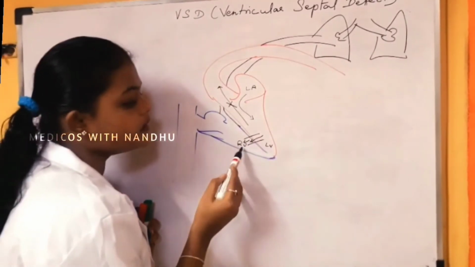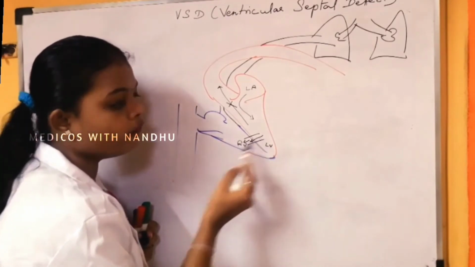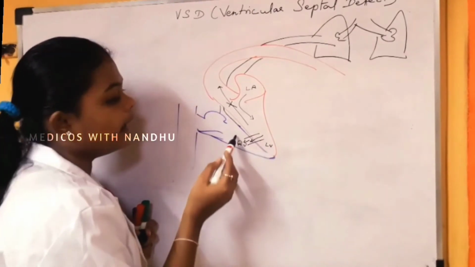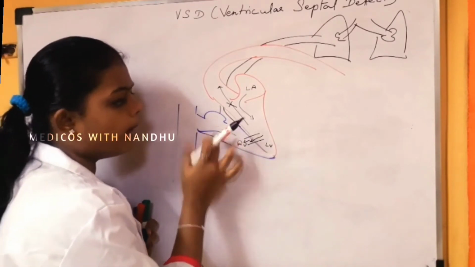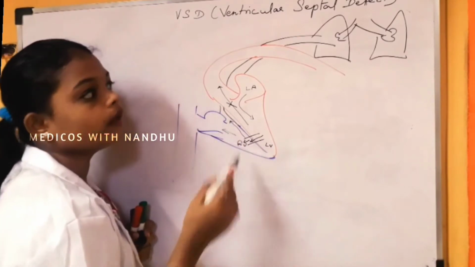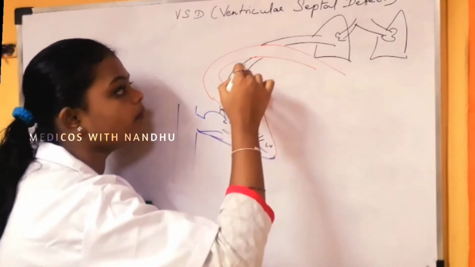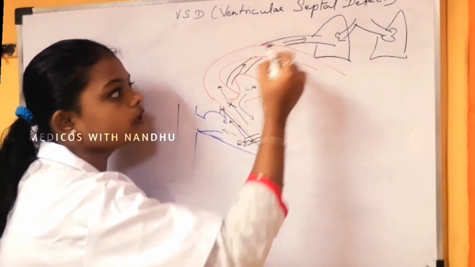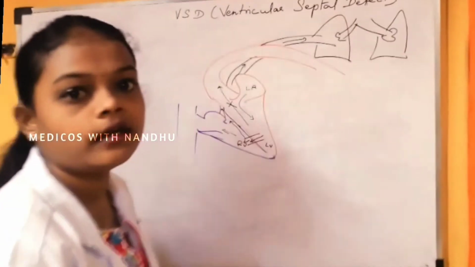So what happens here? The left ventricle becomes enlarged because the blood flow is more here, and it reaches the right atrium also, but a larger amount of blood goes to the pulmonary pathway to reach the lungs. Pulmonary congestion occurs: more blood will be introduced here, and in this pathway there will be endothelial tissue changes.